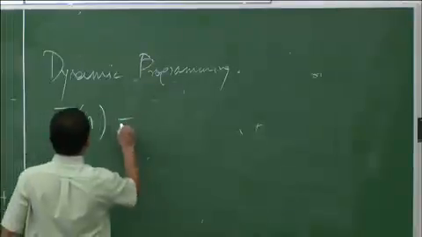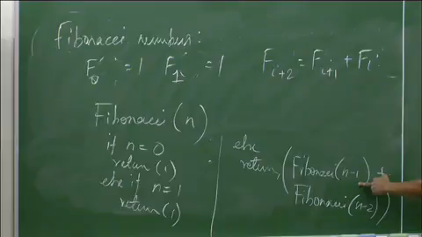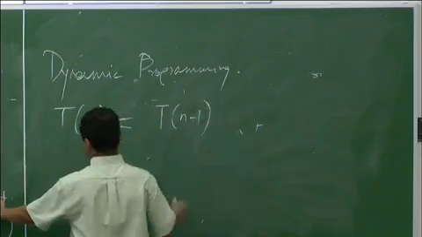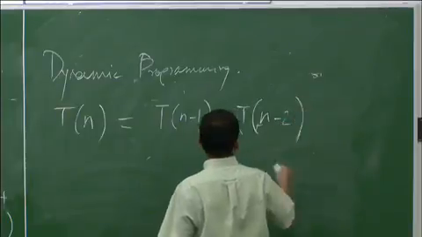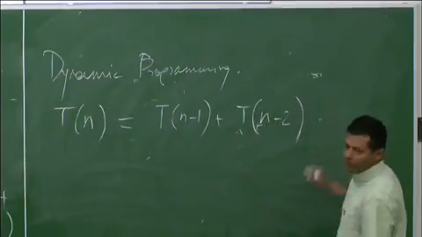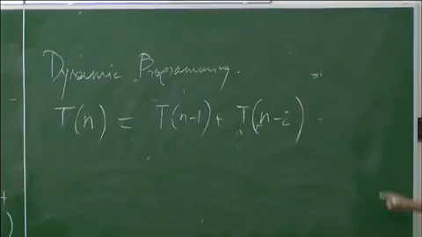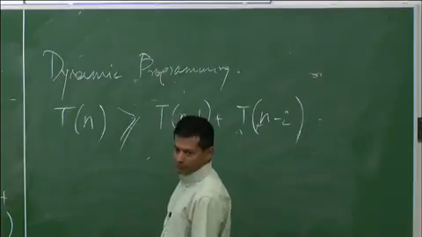So you are going to say that T of n, if you look at this, is going to be the time taken to solve this problem plus time taken to solve that problem plus some constant maybe. Let us for the moment just forget the constant. So I know that T of n is going to be greater than or equal to this.